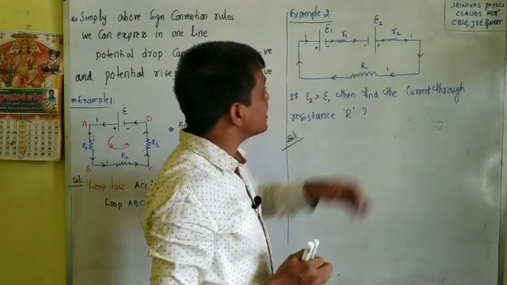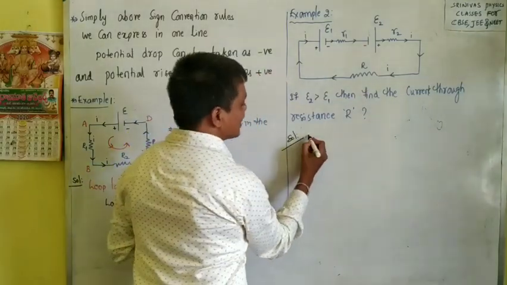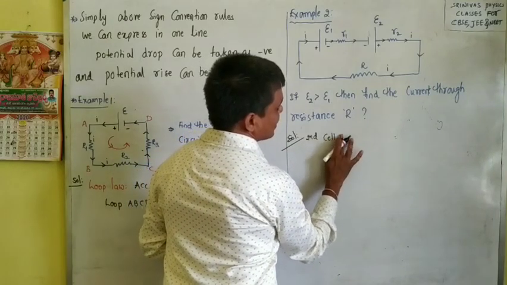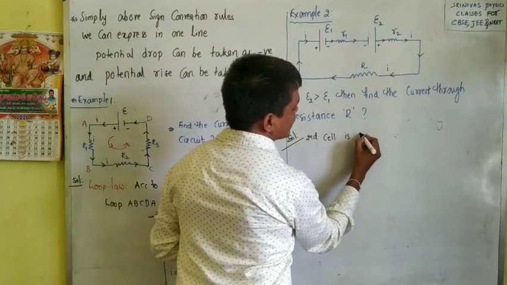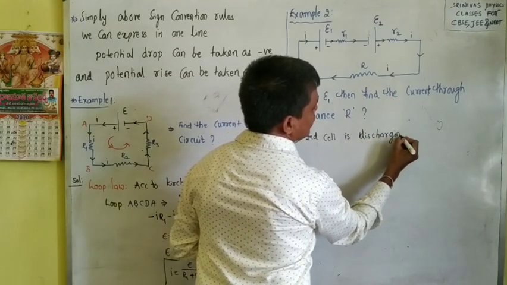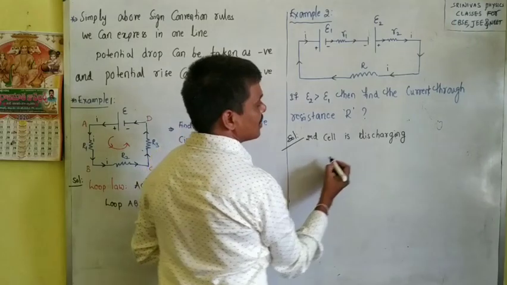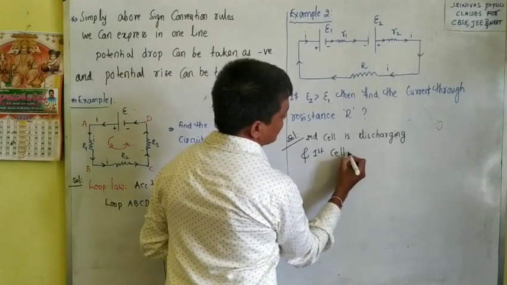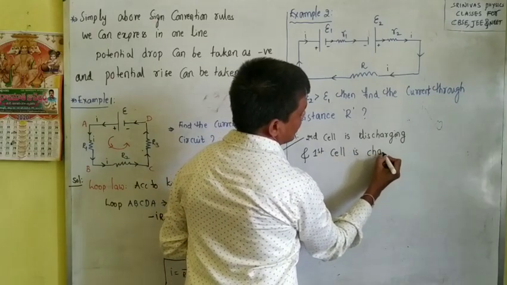Here the second cell is discharging, right, and the first cell is charging, right.